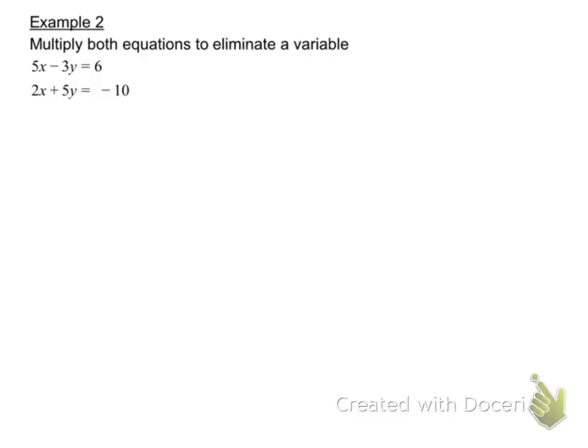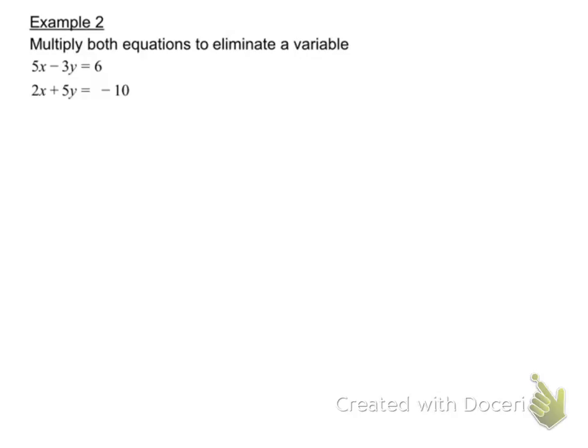So you can choose if I'm going to work with the x's or with the y's. In this case, I'm going to work with the y's. Does anybody have a good idea why I chose the y's over the x's?